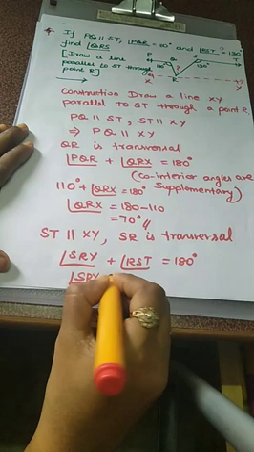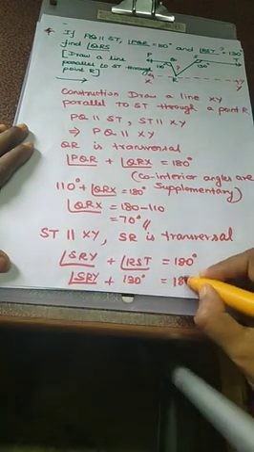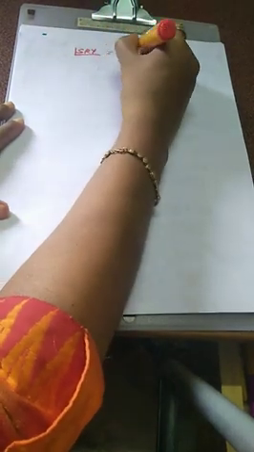So SRY plus 130 is equal to 180 degrees. So what is the SRY value? Angle SRY is equal to 180 minus 130, so that is 50 degrees.